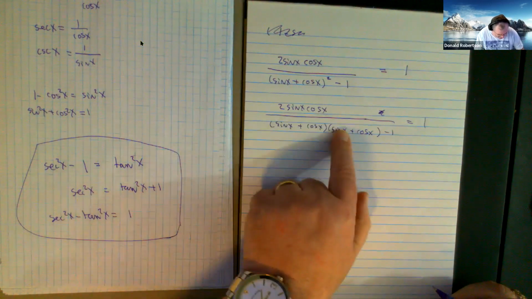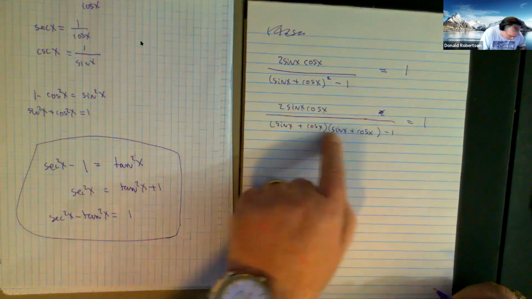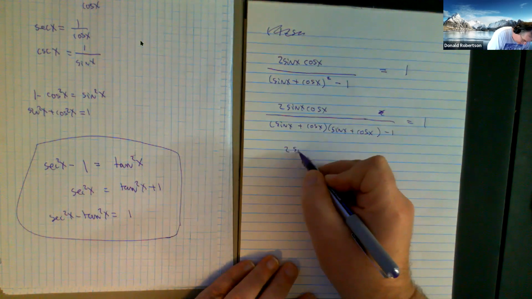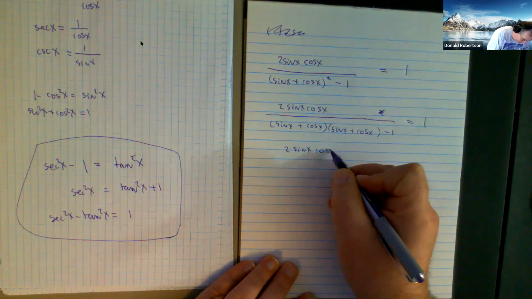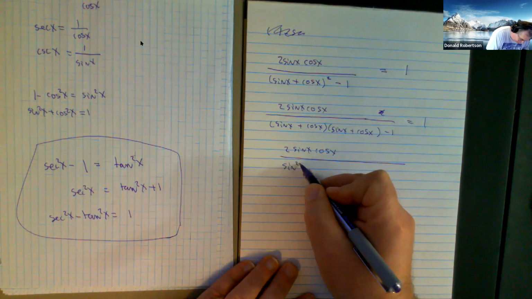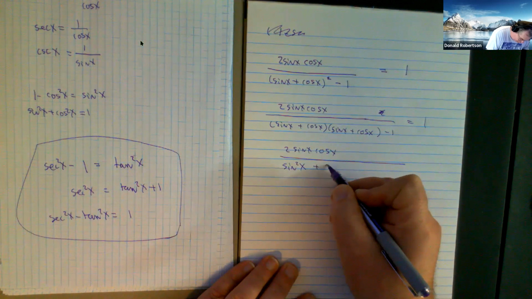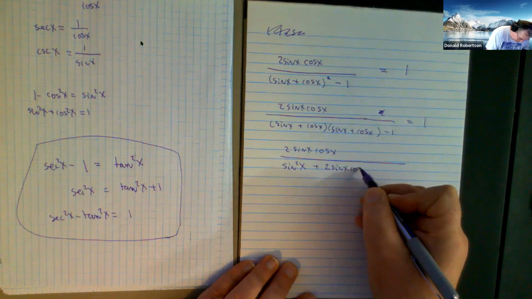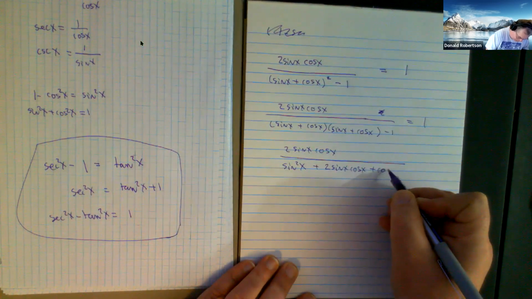So you're doing an F, an O, an I, and an L. And when you do that, you'll eventually get a sine squared x, 2 lots of sine x cosine x, plus a cos squared x, minus 1.